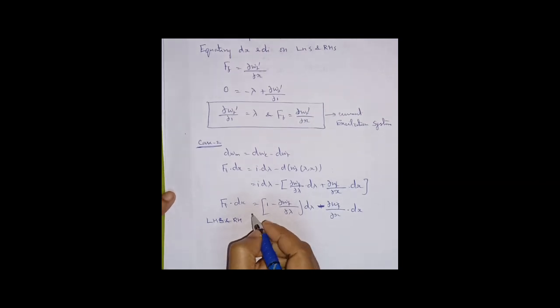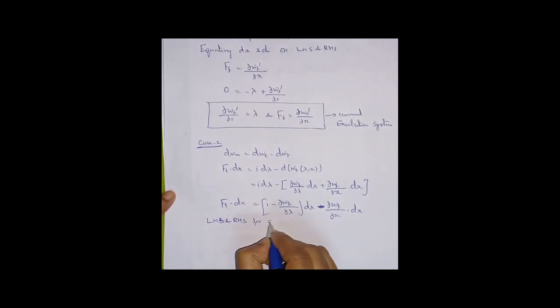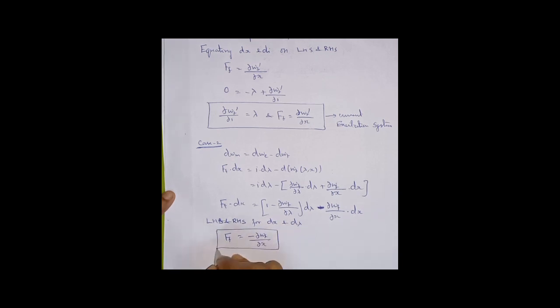Same manner if you compare LHS and RHS for dx and d lambda, what we get, Ff is equal to, very interesting thing, minus ∂Wf/∂x, which tells you field energy will be decreasing, correct?